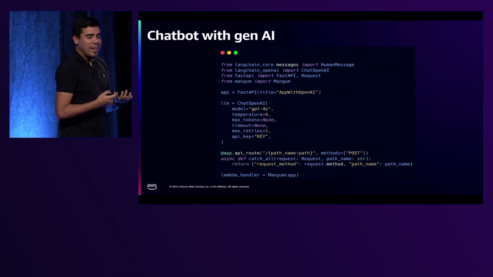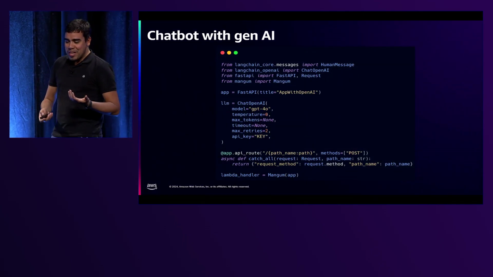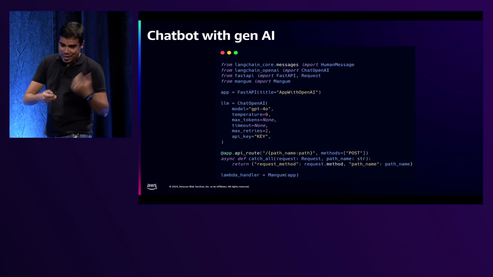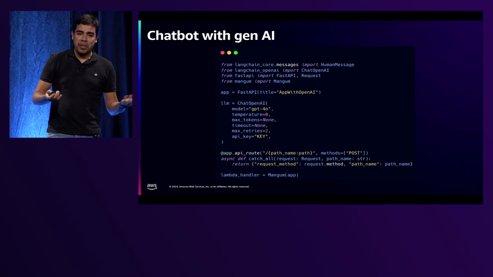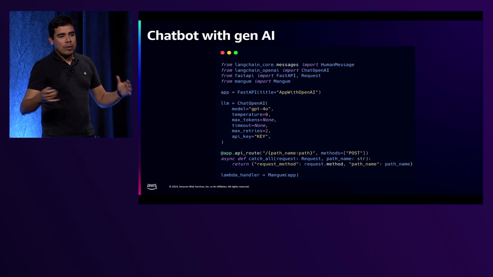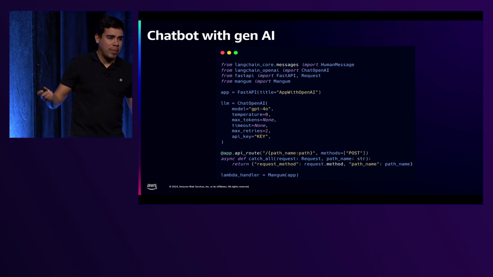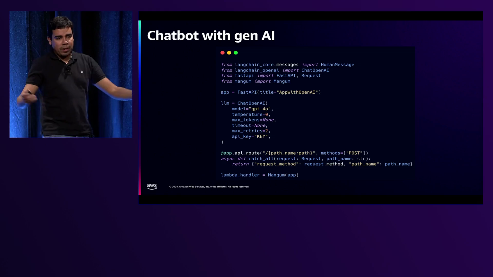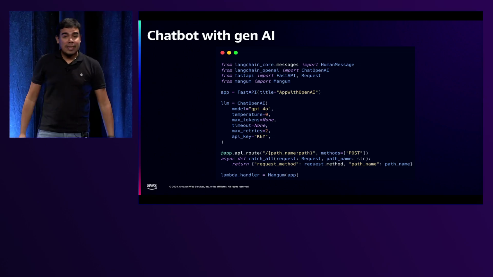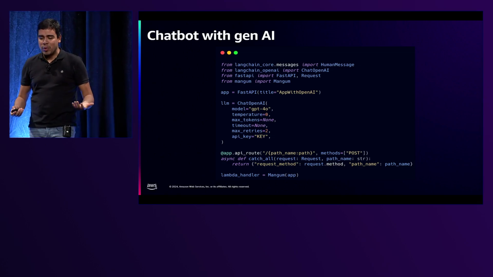A common use case is, sorry, I forgot to pass the slide, but a common use case is using the LangChain library. LangChain provides abstraction, like a proxy for many models and many downstream services that customers are building using AWS Lambda.